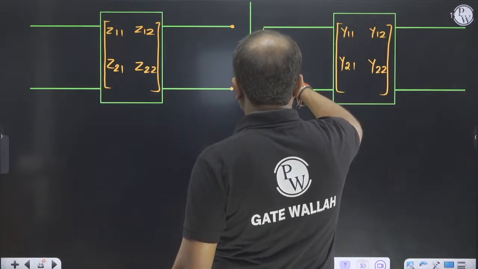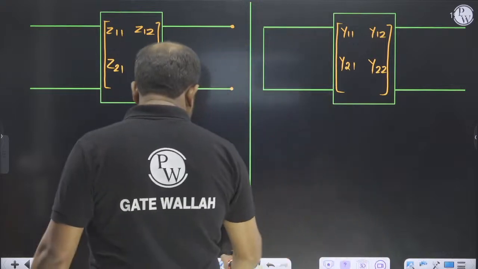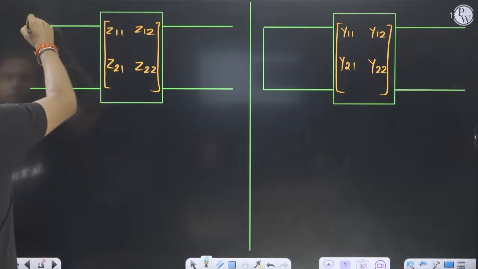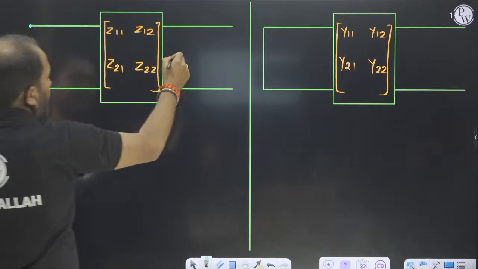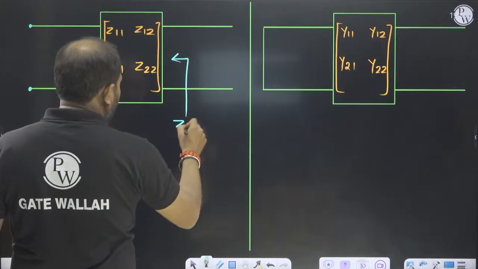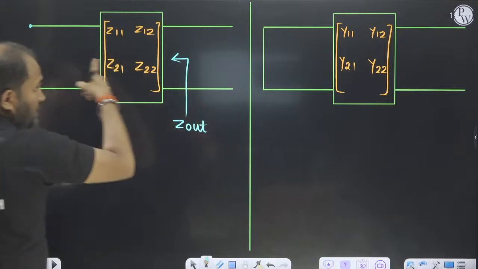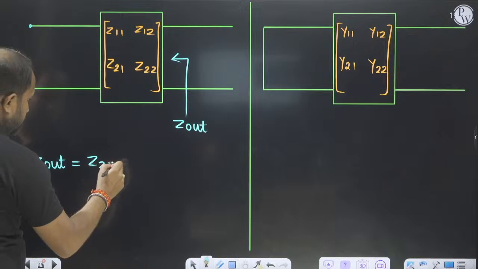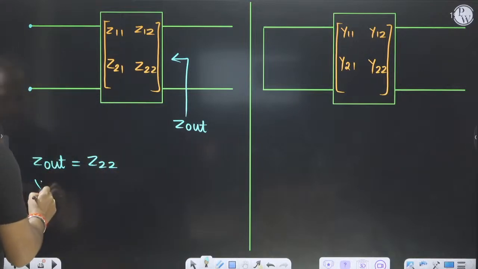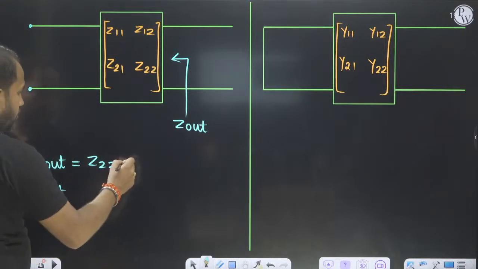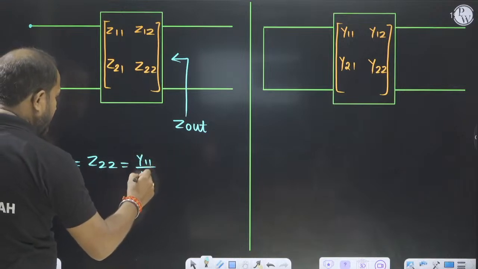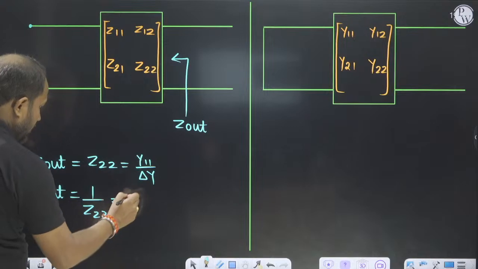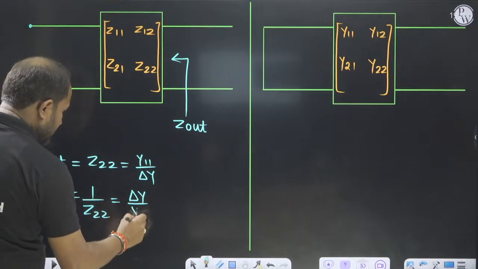It is short circuit and it is open circuit. So they are finding Z out. So open circuit, Z out will be Z22, and then Y out will be Y11 upon delta Y. So it will be 1 by Z22 or delta Y upon Y11.